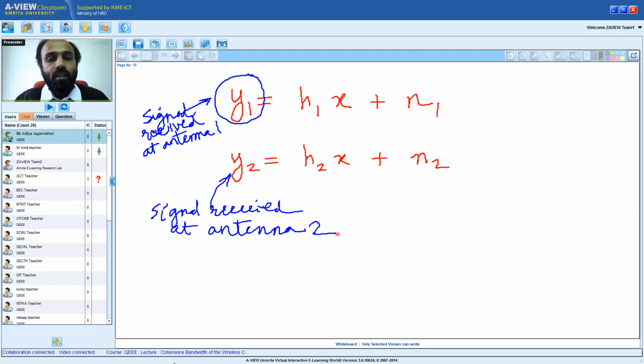Therefore, we have y1 is equal to h1x plus n1. y2 is equal to h2x plus n2.